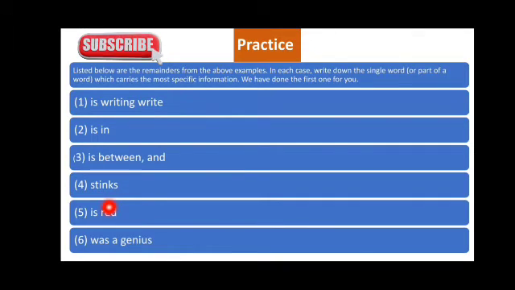Here we have is red. So here the specific information is given by the word red, not by the auxiliary verb is. And then we have was a genius. So the specific information is given by a genius, not by was. So it means that is, are, auxiliary or ing, which are suffixes, even if you remove them from the word, still the meaning would be given.